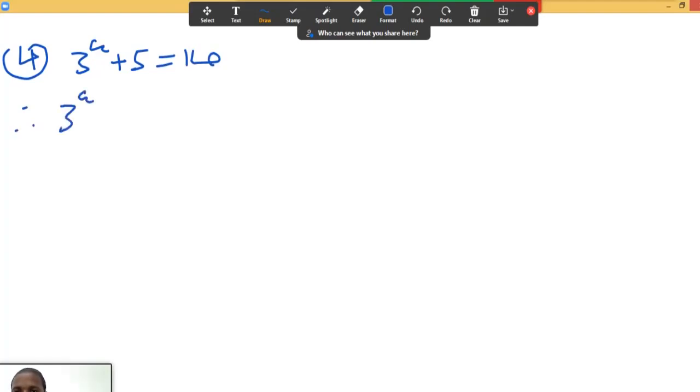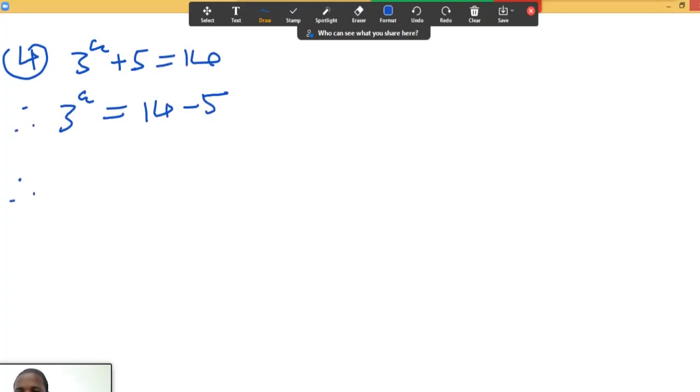Let's quickly look at our fourth example. In this case we're dealing with 3 to the power a plus 5 is equal to 14. We want to solve for a. So 3 to the power a is equal to 14 minus 5.